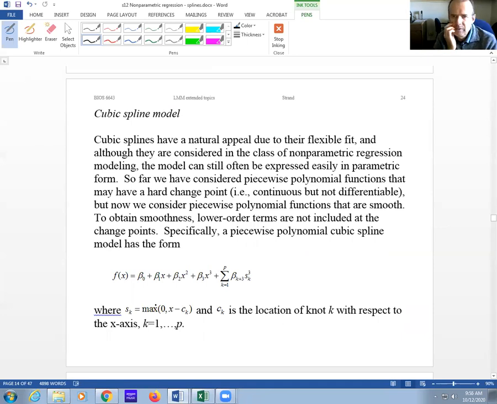typically you're going to use cubic splines because that allows that flexibility. It's enough terms to give you the flexibility, but not too much to over parameterize the model. Usually cubic splines are what you use if you use spline modeling. So you have your initial cubic function here, and then you add in the knots and the extra cubic terms that will allow changes to the function to fit your data.